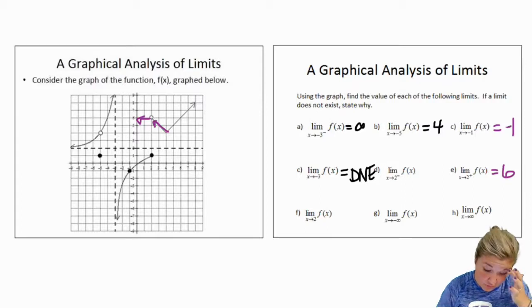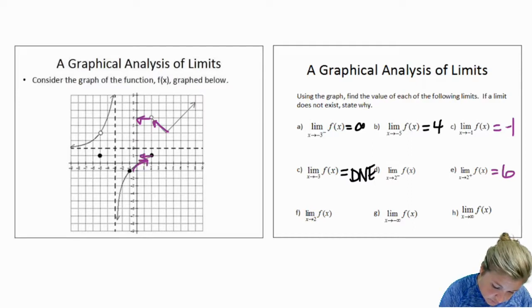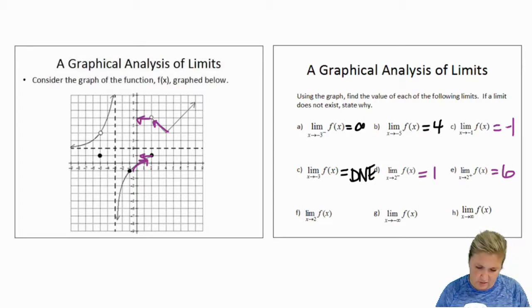And then as it approaches 2 from the left, it's going to approach 1. Oops, wrong one. There's so many over here. I'm not going in order. And then the limit as x approaches 2, since these two numbers are not the same, this is D and E. This does not exist.